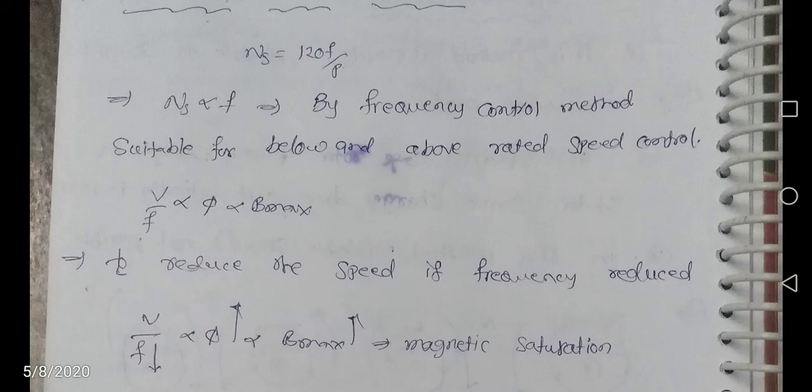V by F control method. V by F is proportional to flux, V maximum. From the EMF equation E equal to 4.44 F phi N1, we can say that V by F is proportional to phi.